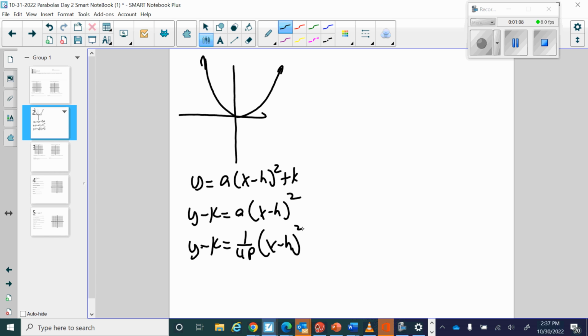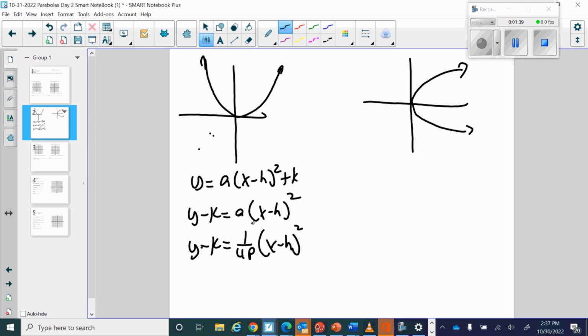Now, sideway parabolas. What does it look like? Well, it's going to look something like this, where the graph opens on the side, to the right or left. And so for the equation, all we're going to do is the y is going to be squared this time. On this graph right here, the x is squared. However, for a sideway parabola, the y is squared.